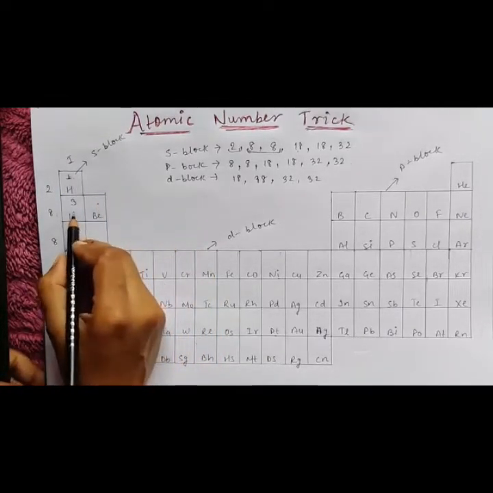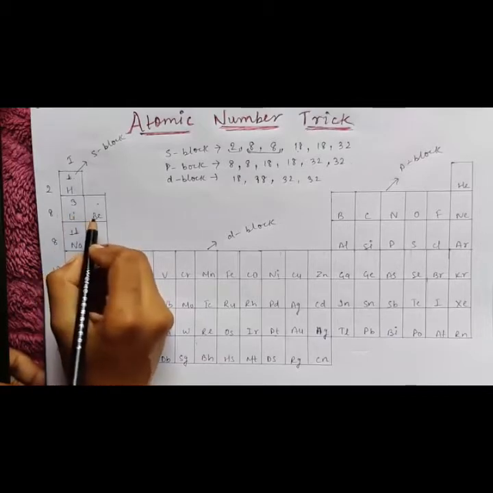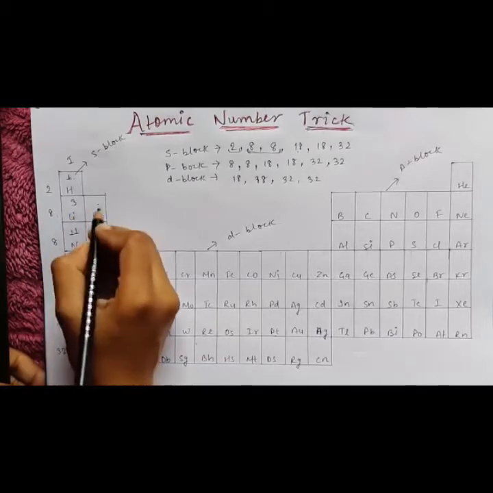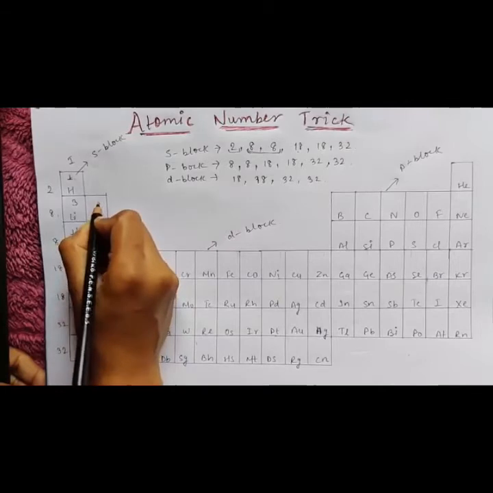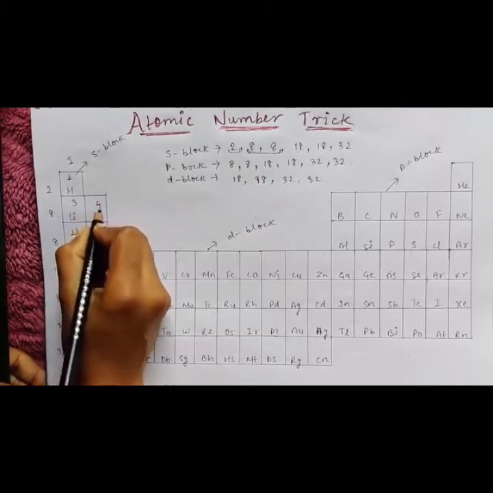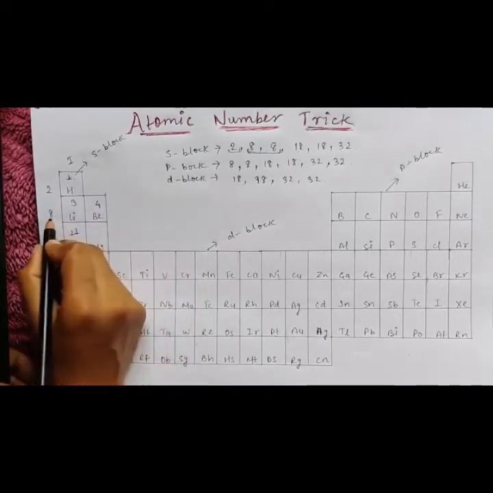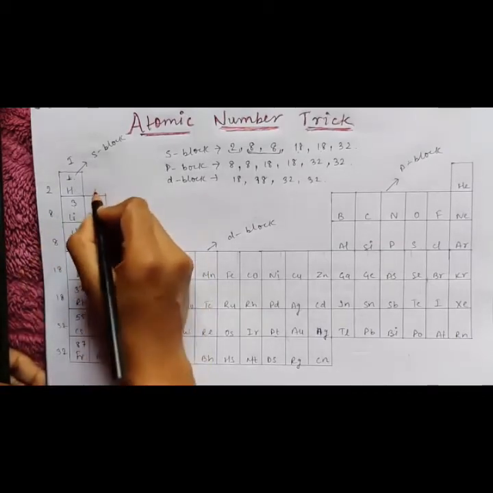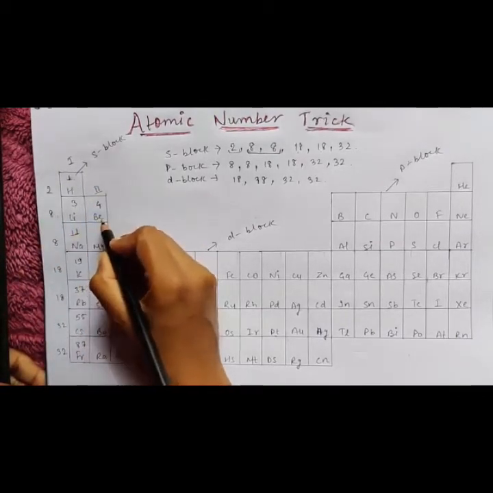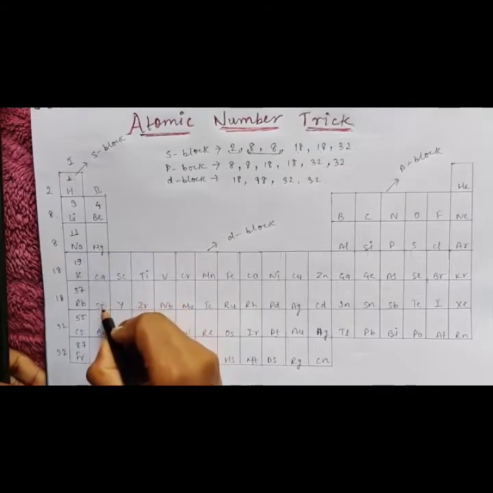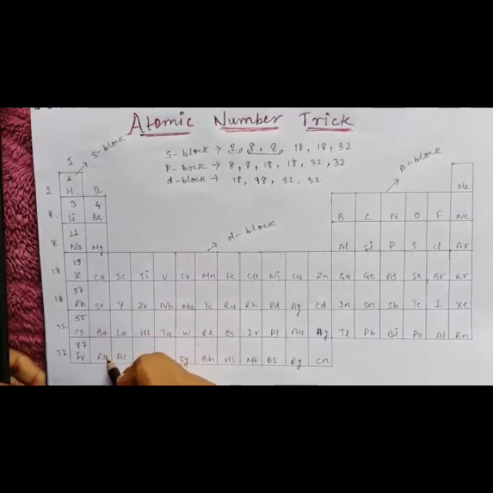Next, 2A. The 2A group atomic numbers you also get like that. Same principle. Beryllium is first, its atomic number is 4. 4 plus 8. Follow the order, same order.